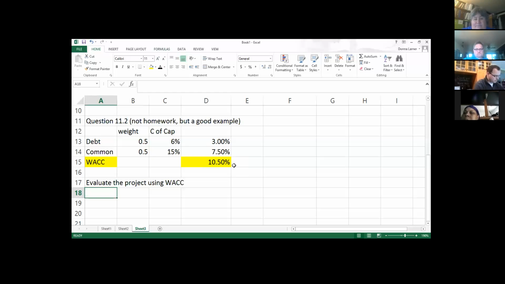Okay. So there's really two components in the chapter. One is doing all the math to get to this weighted average cost of capital. And the other is using that weighted average cost of capital to make decisions. Should we do this? Should we not involve ourselves with that project? Is this project better than that project? So this is the average.